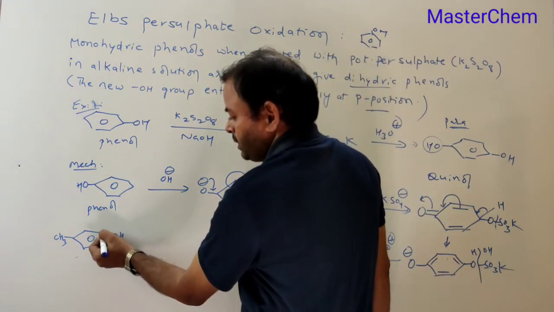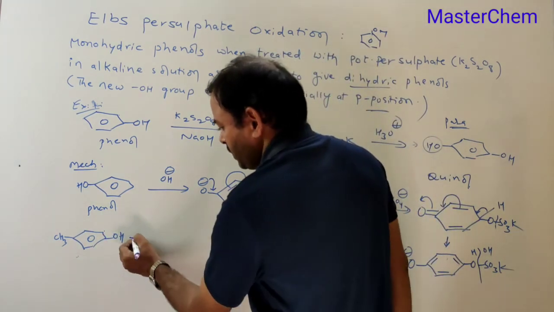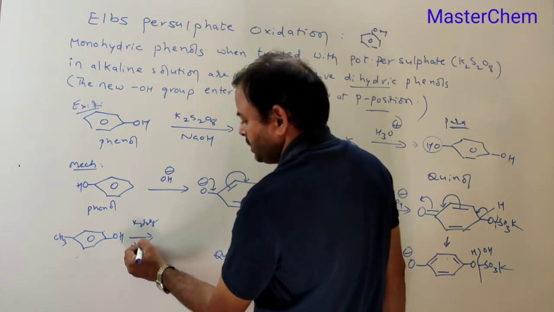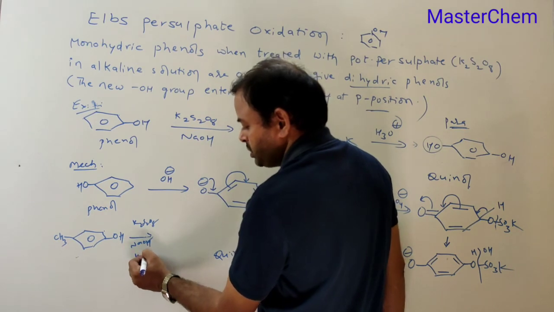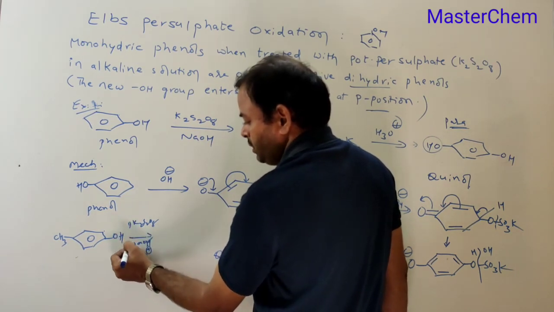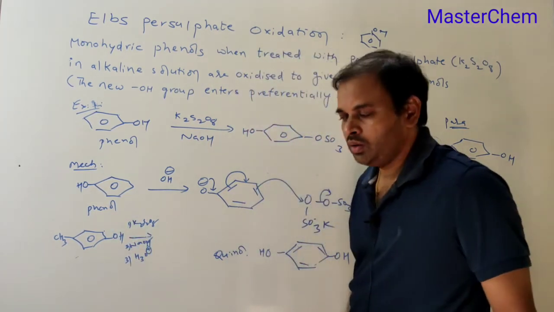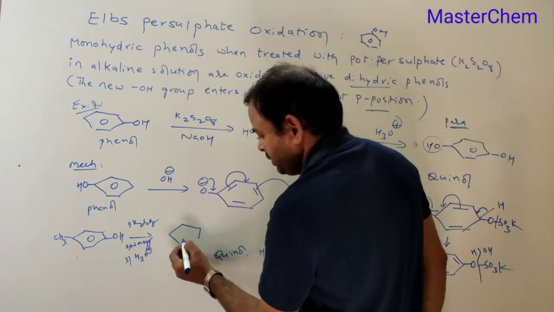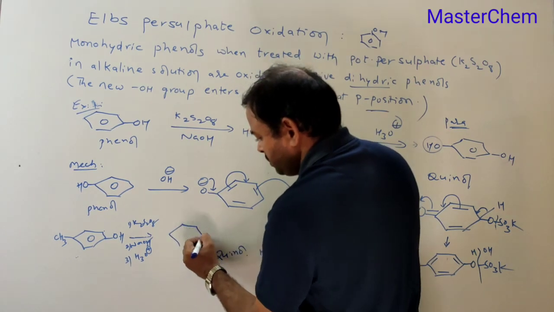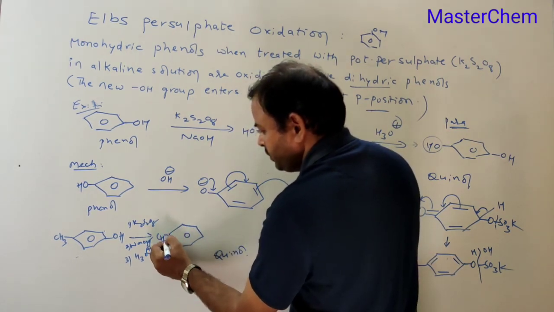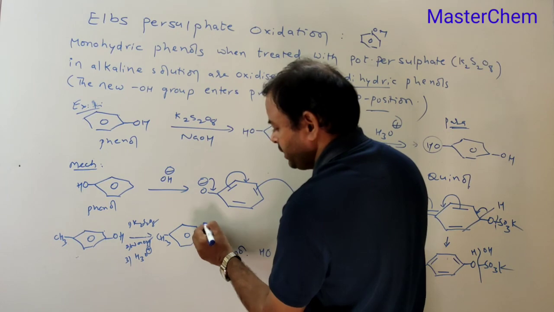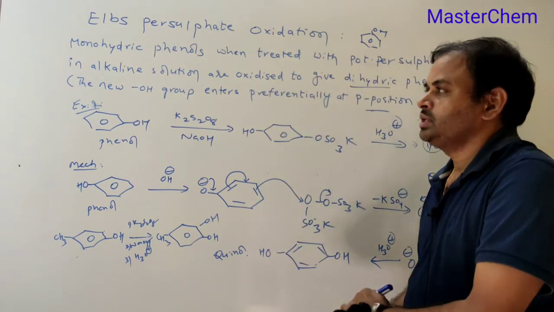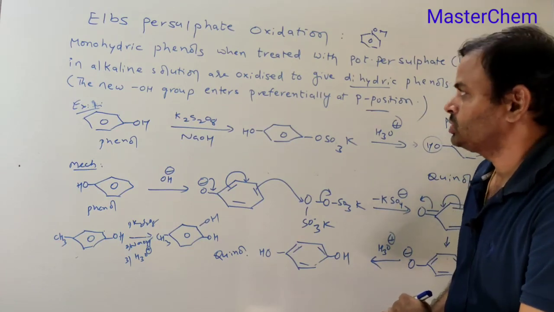Now these two are ortho positions. With K2S2O8, NaOH followed by hydrolysis, what is the product? CH3 with OH and OH, so it takes the ortho position. So this is about the Elbs persulfate oxidation reaction.